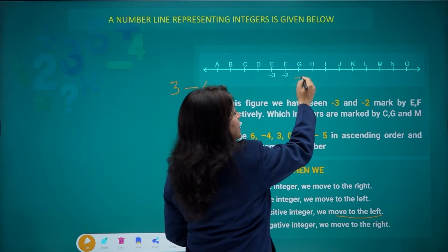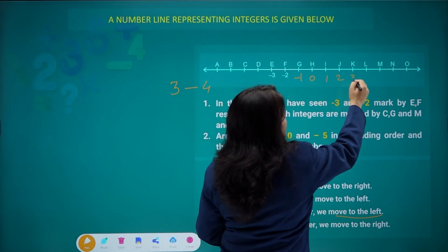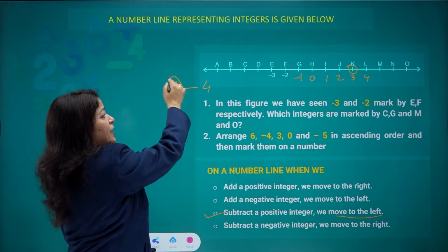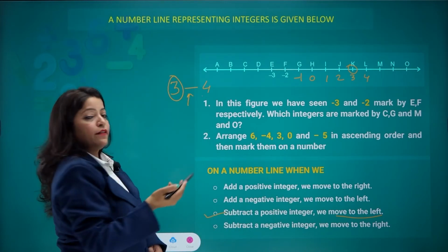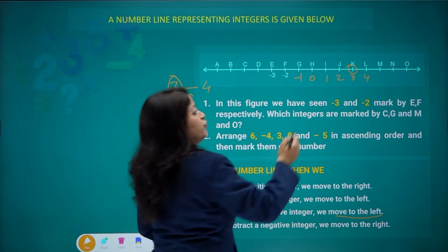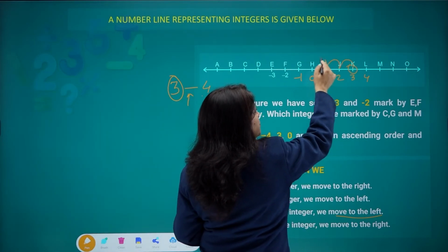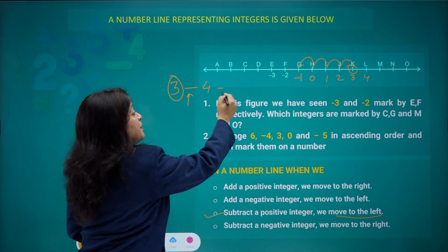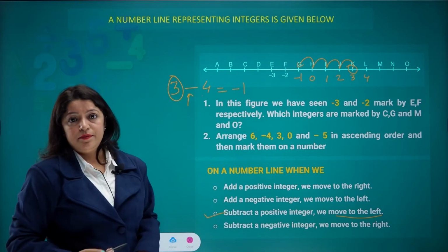From 3, I'll begin: 0, 1, 2, 3, 4. I'll start from 3 and subtract 4. That means I will go 4 steps back: 1, 2, 3 and 4. So finally where will I reach? I'll be reaching the number -1.